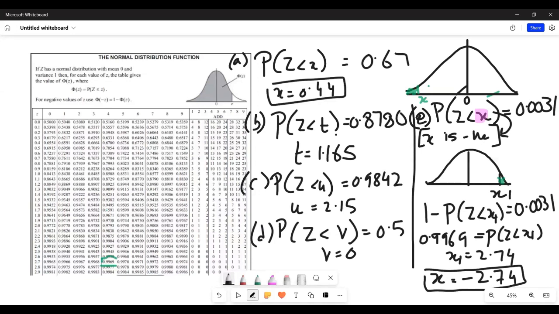You can call it y, you can call it z, no, not z. Z has already been used. So just remember, whatever you get, you must change its sign. I mean, you must make it negative because we've already established at the start that x is negative since the probability is less than 0.5.